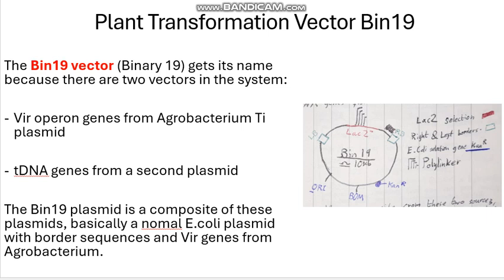Say we want to produce a plant that can produce more anthocyanin, we want to add an anthocyanin gene into it. We put the anthocyanin gene within the LacZ, in between the borders, and then we have a separate plasmid because it's a binary system, the PAL4404, and that PAL4404 plasmid contains the Vir genes from the Vir operon. So it's a bit of a mouthful.